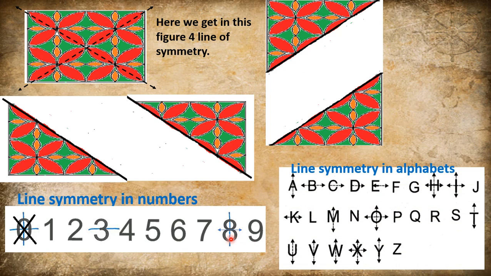Similarly, as we have alphabets, we can also draw the axis of symmetry on the alphabets, horizontal and vertical lines of symmetry. Some alphabets have more than one line of symmetry.